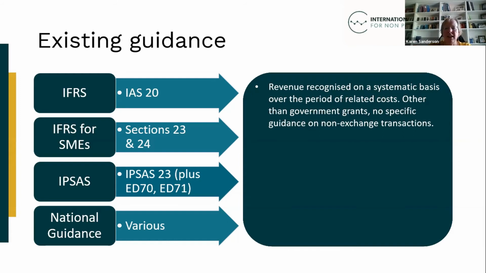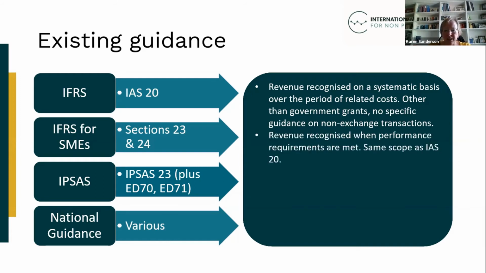The IFRS for SMEs standard also only addresses the treatment of government grants. Unlike IAS 20, the IFRS for SMEs standard requires that a grant that imposes specified future performance requirements is only recognised as revenue as or when those performance requirements are met.